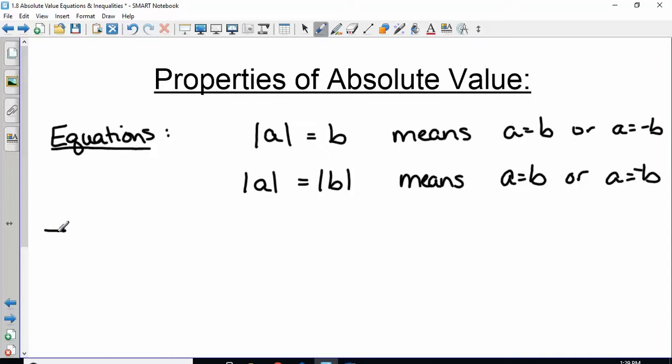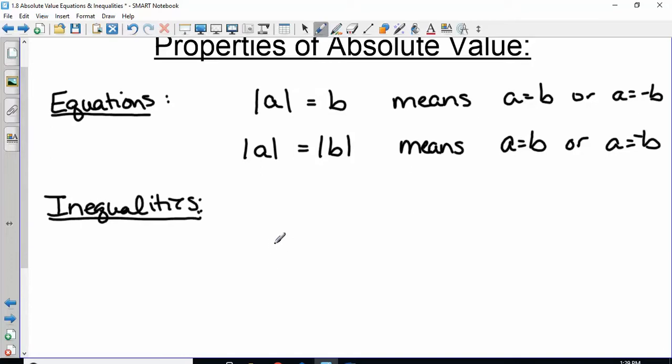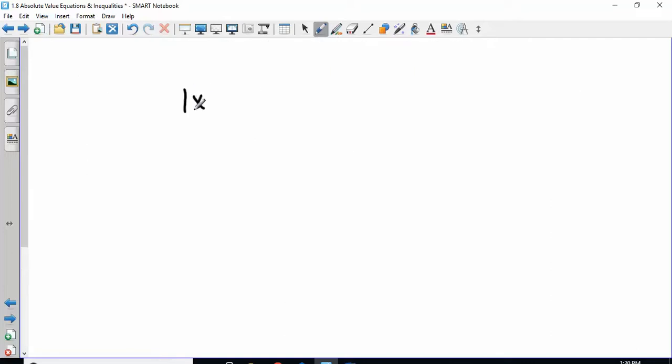All right, inequalities. We have to pay attention to less than or greater than. If I say the absolute value of A is less than B, so for instance, if I said the absolute value of X is less than 2, that means my distance from 0 has to be smaller than 2, right?